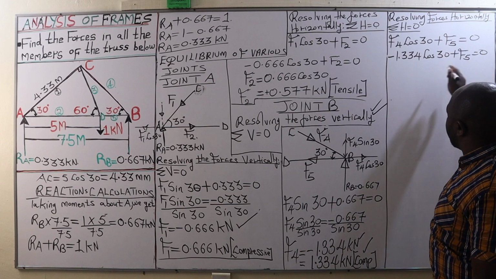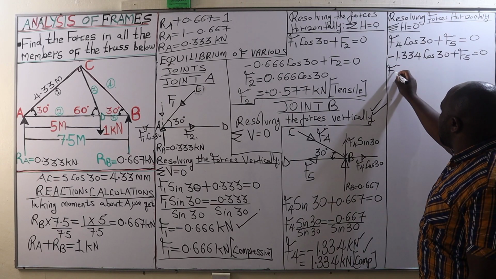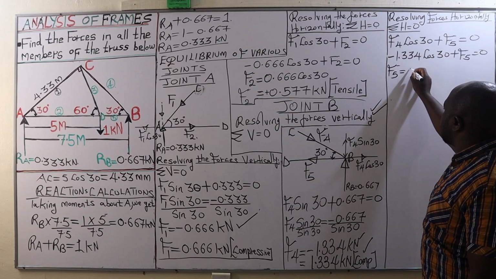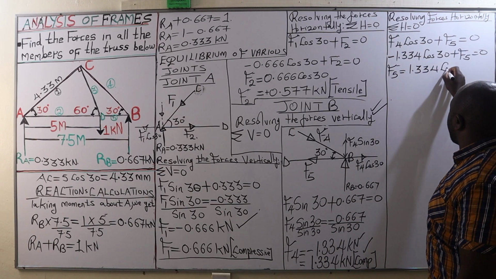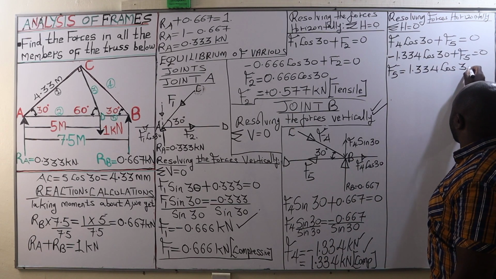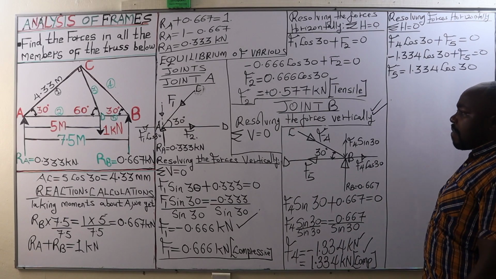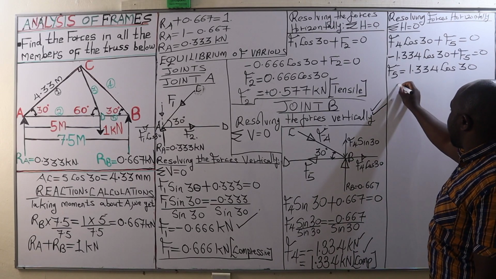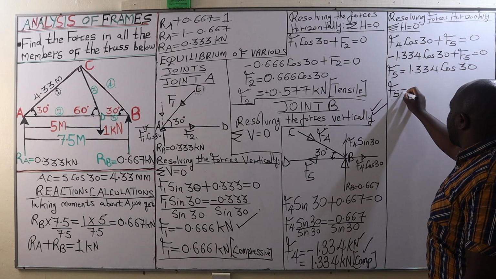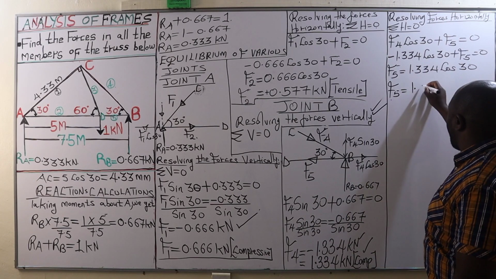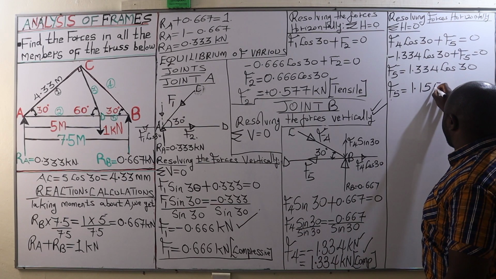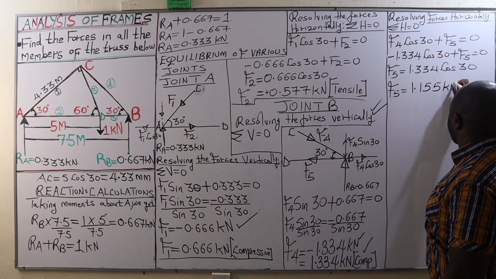Taking this to the other side of the equal sign, that's going to be F5 equals 1.334 multiplied by cos 30. And that's going to give us an F5 being equal to 1.155 kilonewtons.